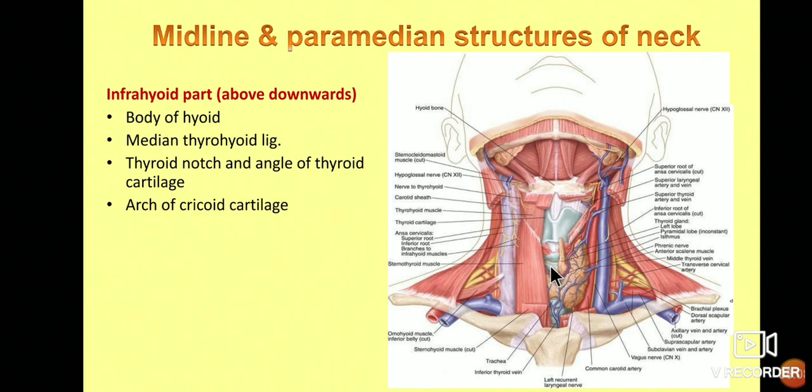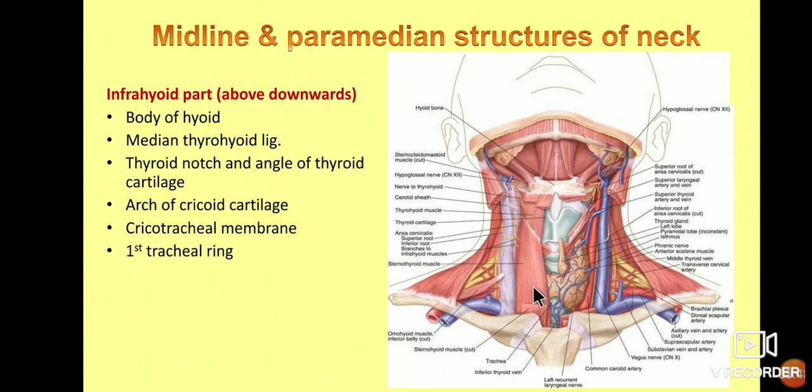Then below that you have the first tracheal ring, and between the cricoid cartilage and the first tracheal ring you see the cricotracheal membrane, and then the second, third and fourth tracheal rings are covered by the isthmus of the thyroid gland. So the isthmus is the central connecting part which connects the two lateral lobes of the thyroid gland. Then below the isthmus of the thyroid gland you see the emergence of the inferior thyroid vein.